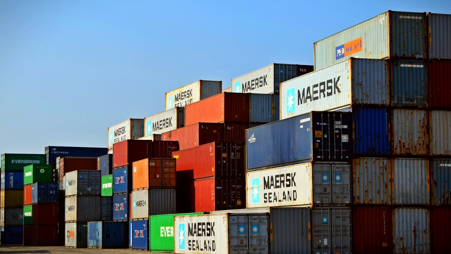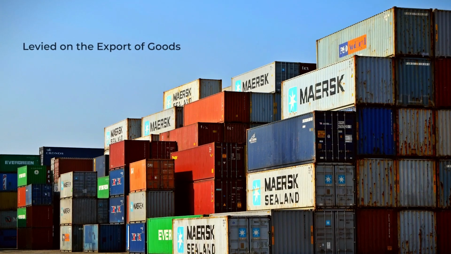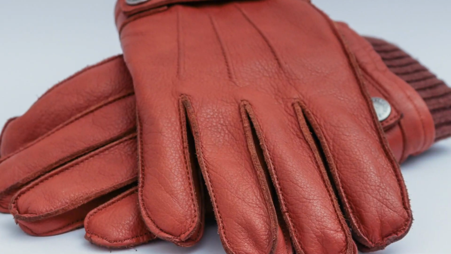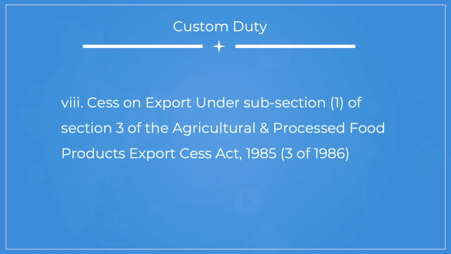Export duty. Such duty is levied on the export of goods. At present, very few articles such as skins and leather are subject to export duty. The main purpose of this duty is to restrict exports of certain goods. Cess on export.